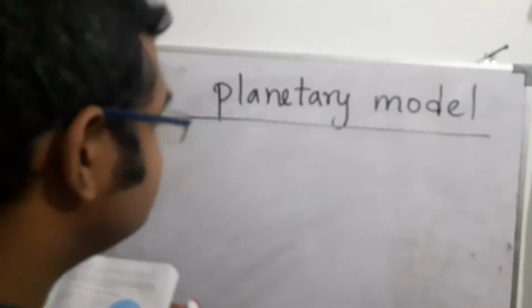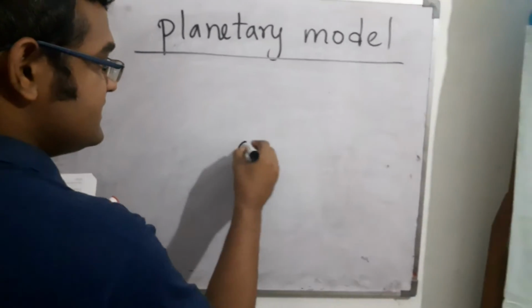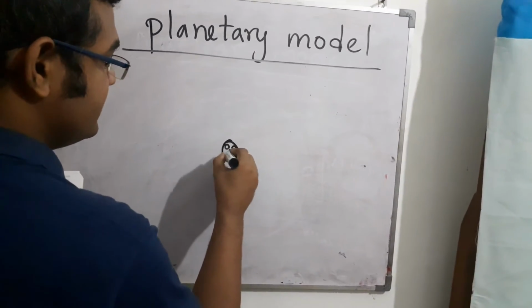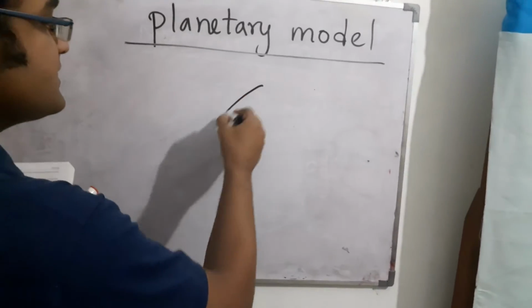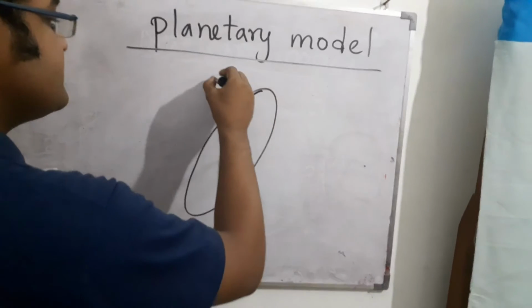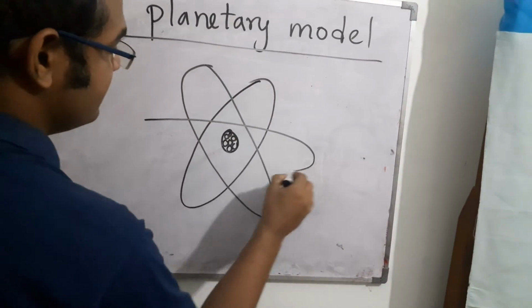It is slightly different from the nuclear model. The nucleus is still there with protons and neutrons, but the electrons are moving around in different elliptical pathways.